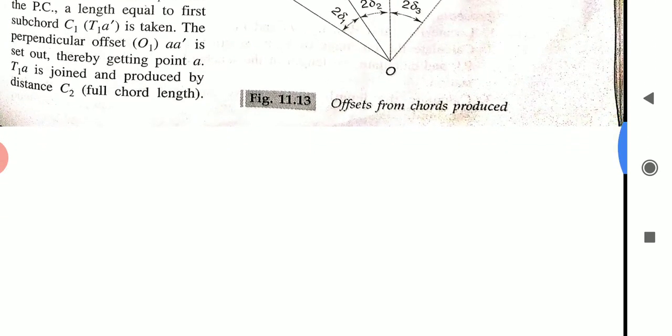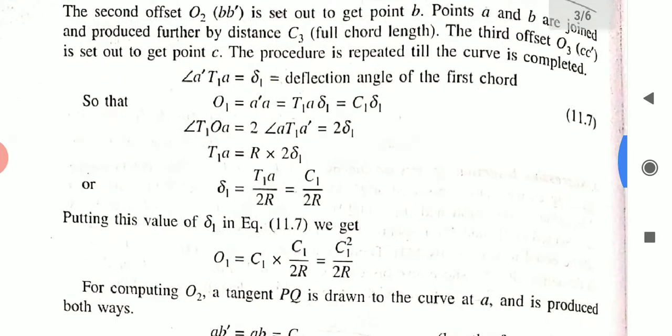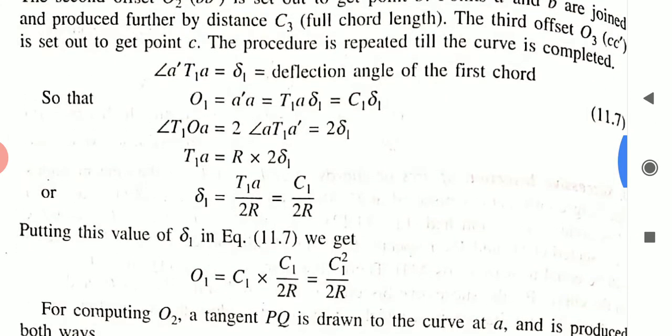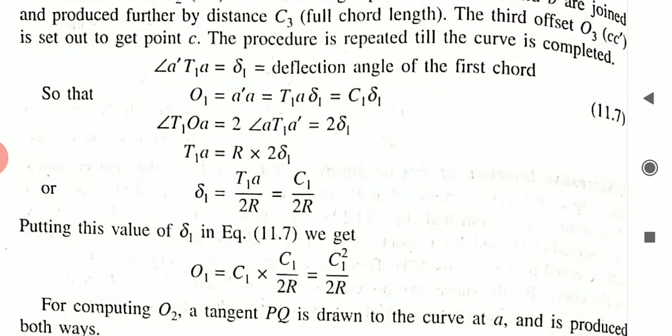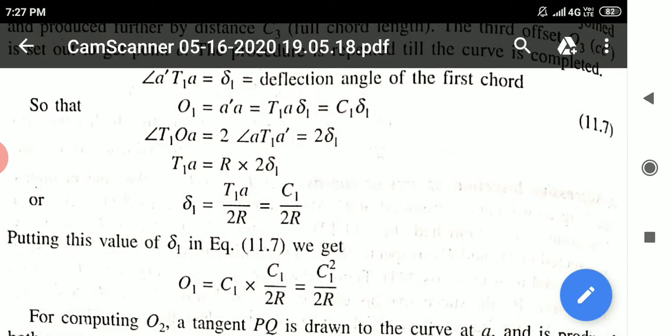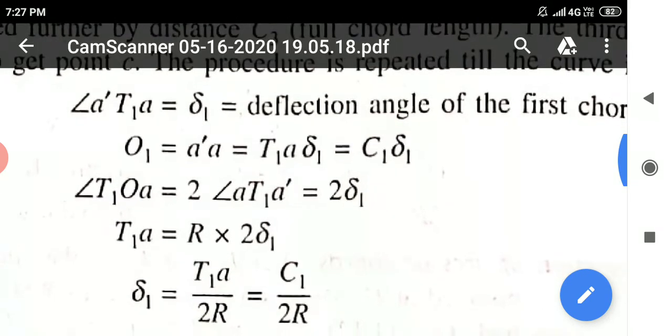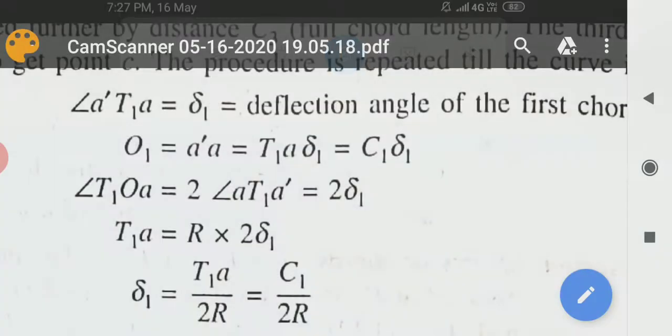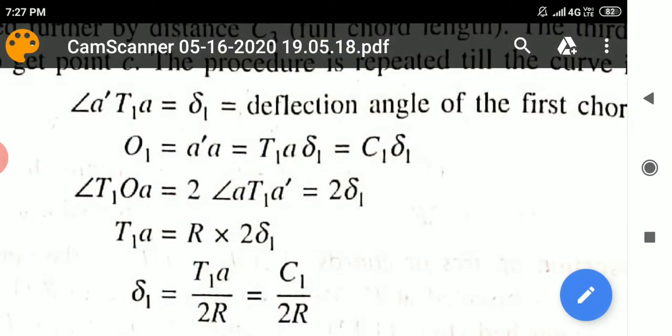So we will start the derivation. See here, A dash T1A. Please refer to the diagrams while I am explaining the terms, because the screen is small and I can't show you that diagram again and again.